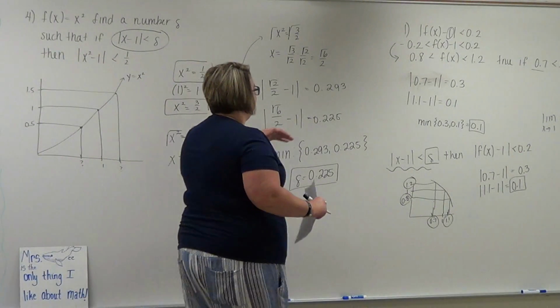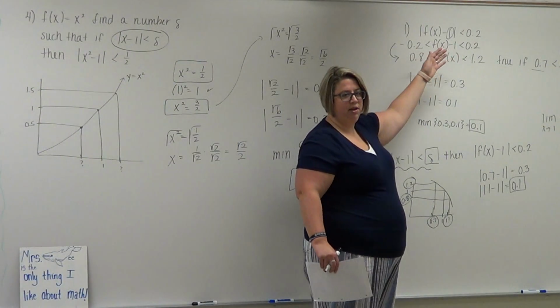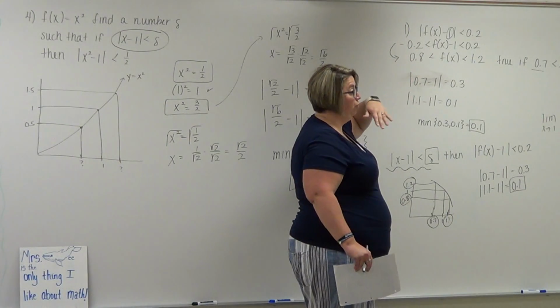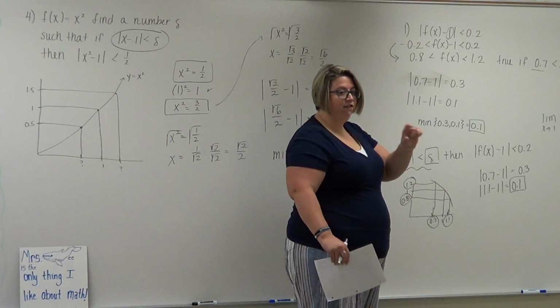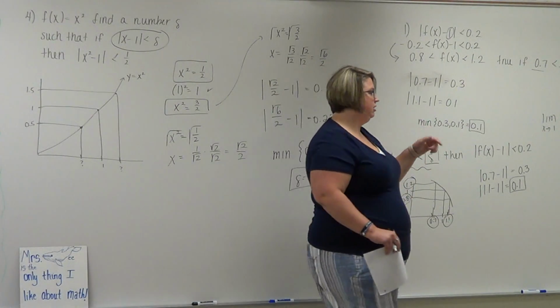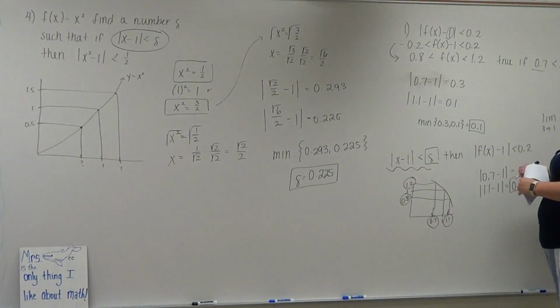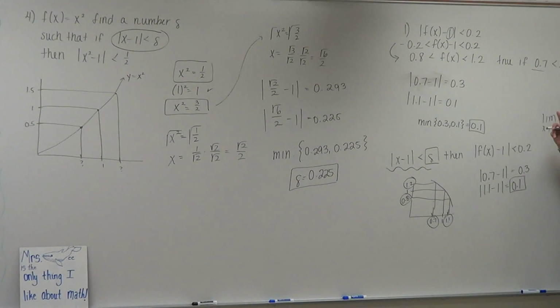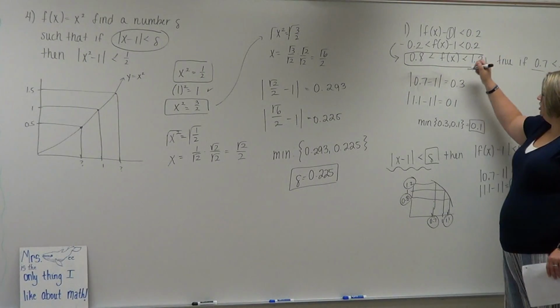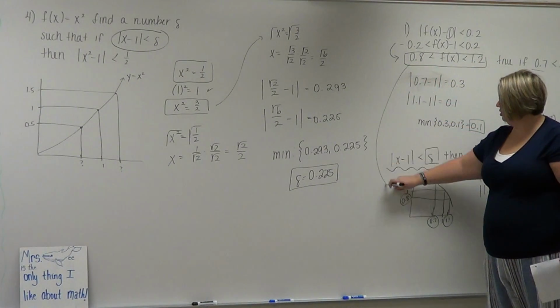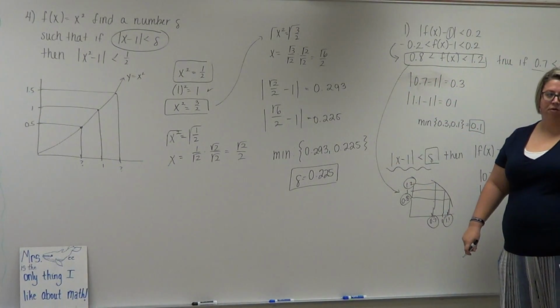So here's, okay, why did I do this? Is that what you're asking maybe? Well, I needed to prove that these actually come out as those numbers. Because if-then statements say the only way this can be true is if the first part is true, it has to imply that the second part is true. So what I did here was I just proved that this is true, because these numbers match up on that graph.